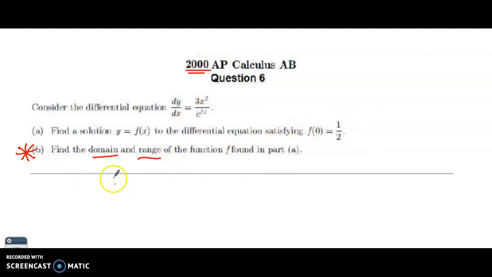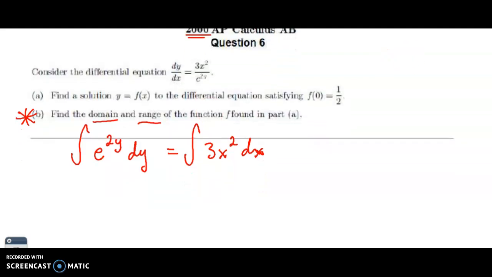And the very first thing is make sure you do your separation of variables, 3x squared dx. So that'll get you a point. Integrate both sides. Now, you can do u substitution on this, but remember this is the chain rule. So if I asked you the derivative of e to the 2y, you'd also have to multiply by the derivative of the numerator because of the chain rule.